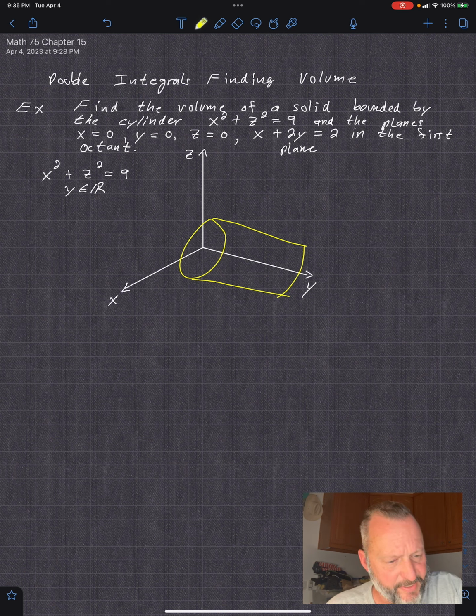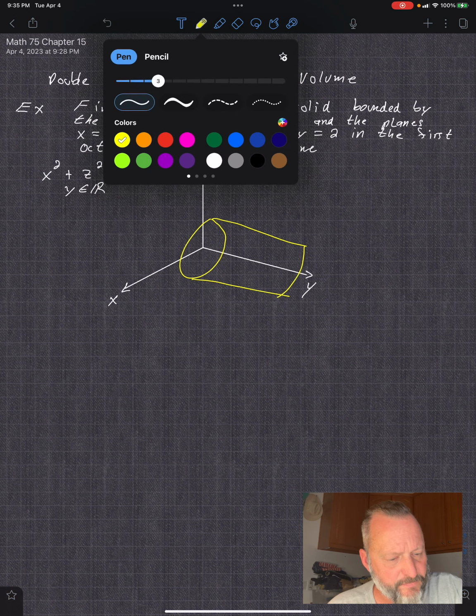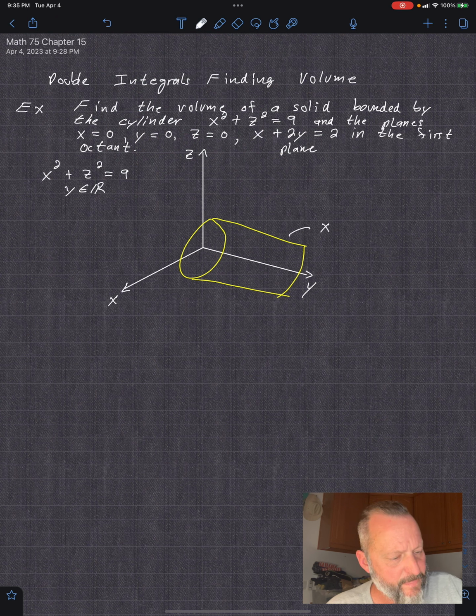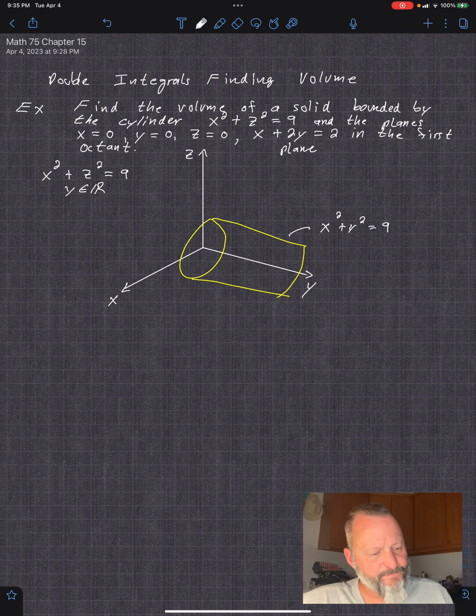All right, so that is your x squared plus z squared equal to 9, we can get top half and bottom half of that. Oh wait, sorry, that's supposed to be a z right there.